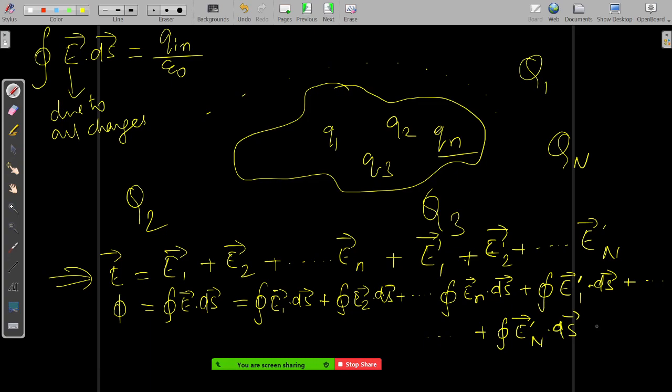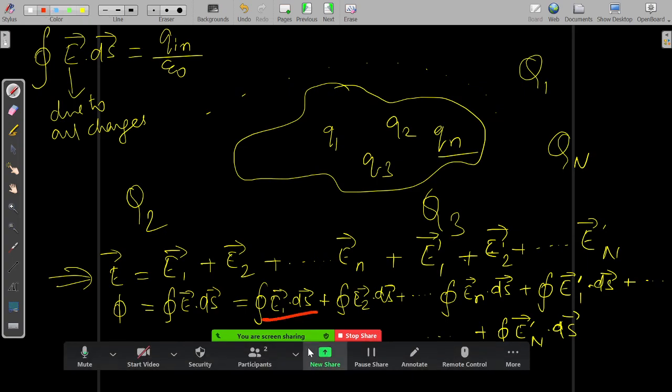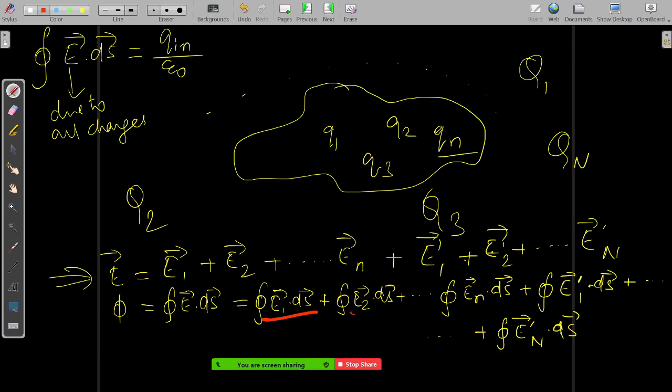Now from the first two derivations we know that this is the flux due to one charge. This is the flux due to the individual first charge, this is the second charge, like that. So all these terms which are outside will become equal to 0.